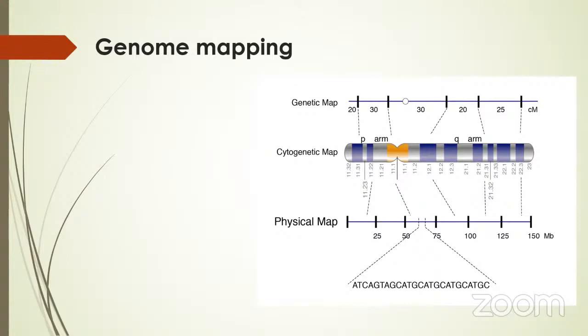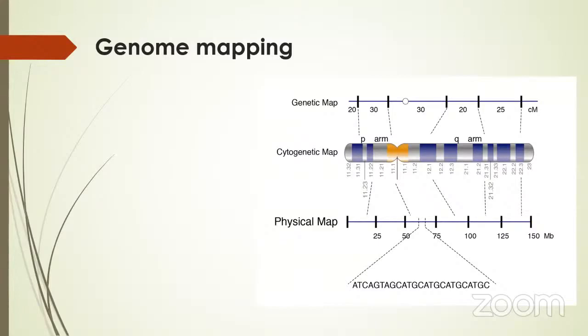Okay, so genetic mapping is something that is species specific, that has to identify what are the markers, what are the genes, and what are the distances between the marker and the genes. These kinds of things are called genetic mapping. So genetic mapping is the relative position of a gene from its marker. Generally it is measured in centimorgan.